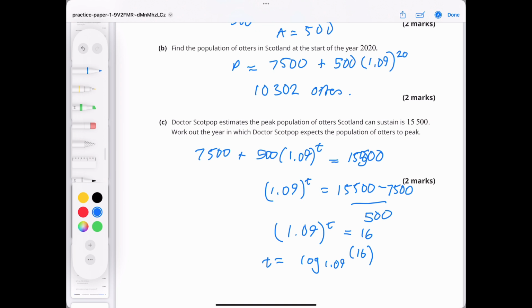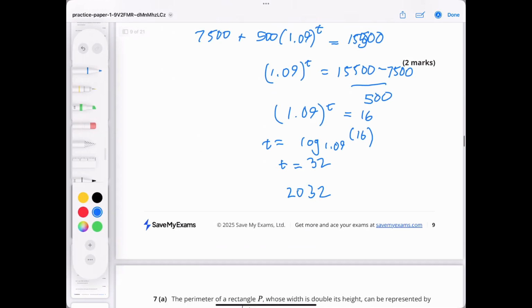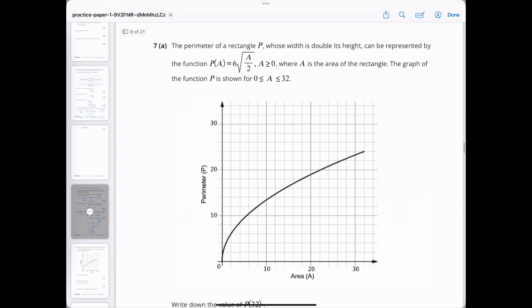Let's get that on the calculator. So that should be 32. So t equals 32, and that means that in 2032, we're going to have the most otters. Going to be a great time to visit Scotland.